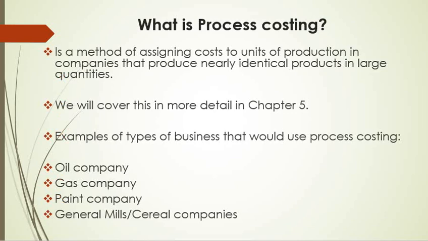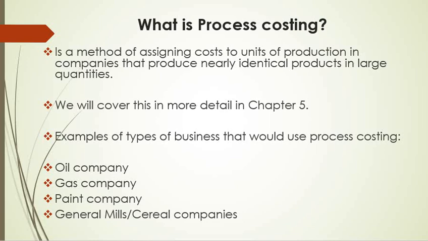This week I do want you to know the difference between process costing and job order costing, or job costing. But it won't be until chapter 5 that we'll focus on process costing. Job costing is in chapter 3 for this example, but we will see process costing in chapter 5.